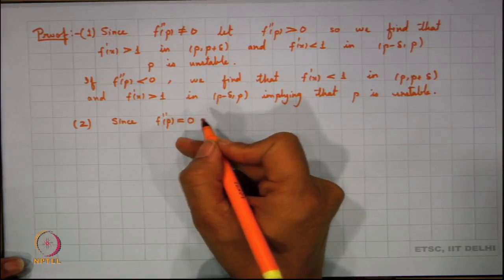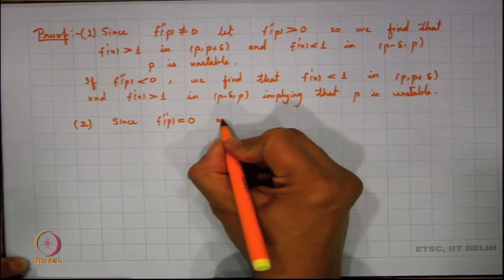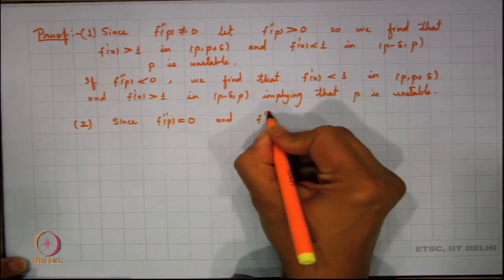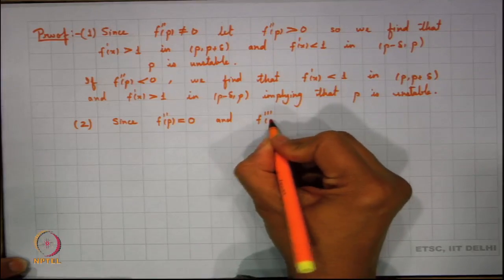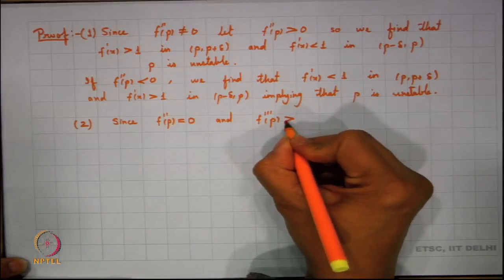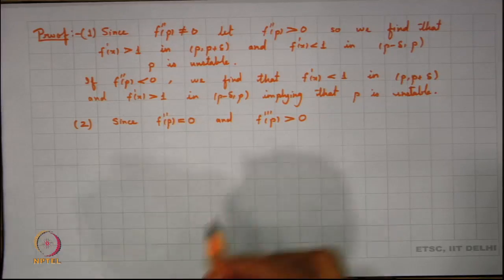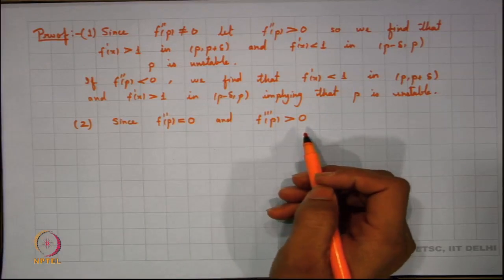So, that means that we are now looking into the third derivative, and my second case says that this is 0 and the third derivative is greater than 0. What happens in this case? So, we find that in this particular case your f triple prime p is greater than 0.